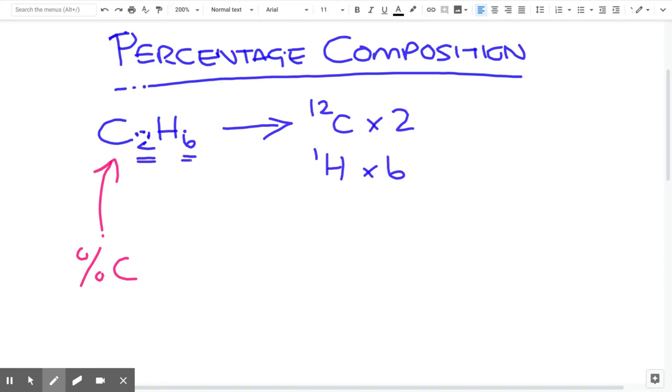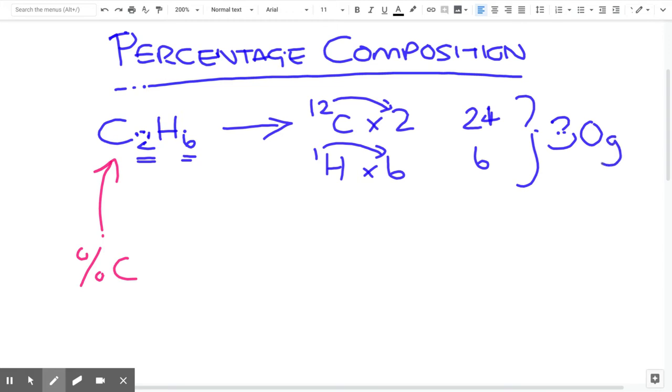As we know now, we take the mass number and multiply by the number of the atoms within the compound. That gives us 24 grams because of the carbon contribution, 6 grams because of the hydrogen contribution, and therefore a total mass of 30 grams.